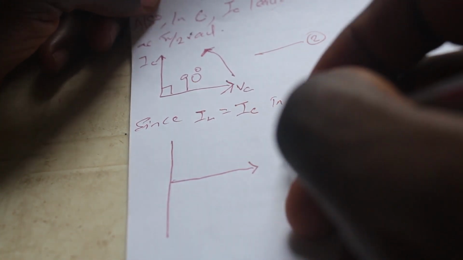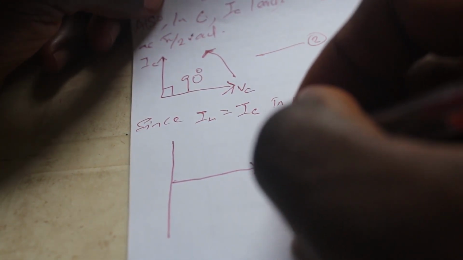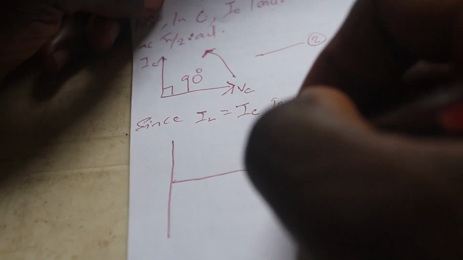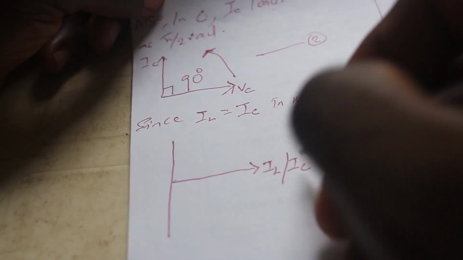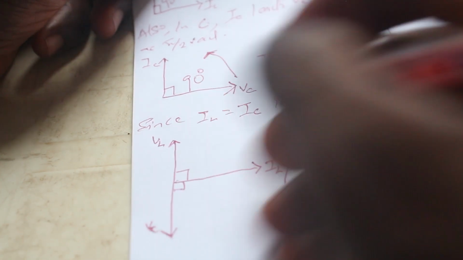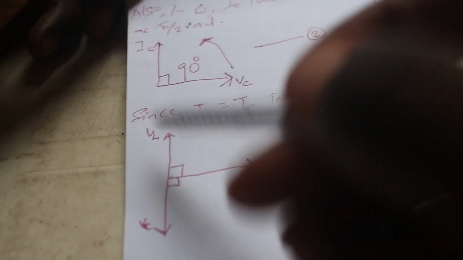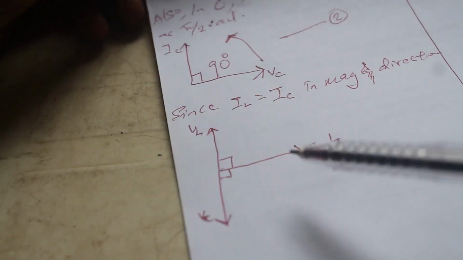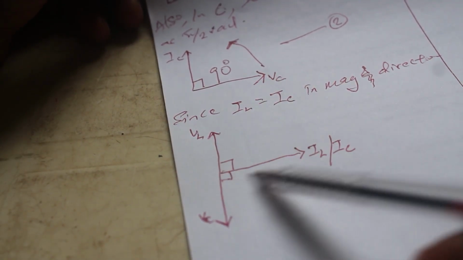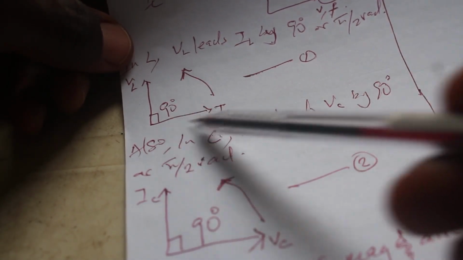This horizontal line is IL slash IC, they're the same by the way. Here we have VL, and here we have VC. So we have 90 degrees here and 90 degrees here. What we have here is the same thing as what we have here.